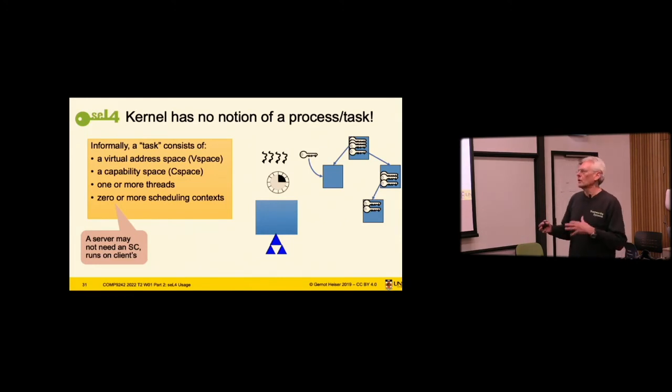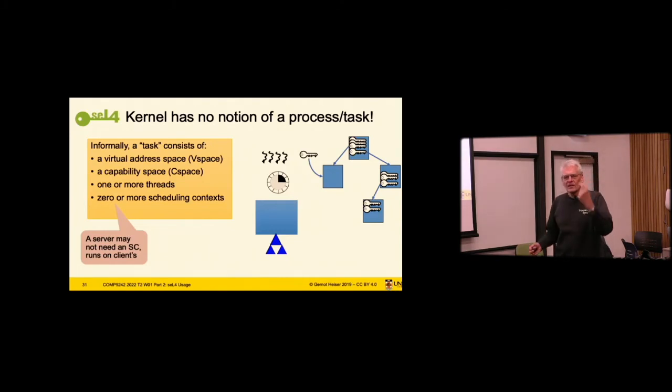If you don't do the scheduling-context-free server, you can give your operating system server a scheduling context, and that simplifies life, mostly in terms of getting the thing initialized. Then you don't have to worry about that.